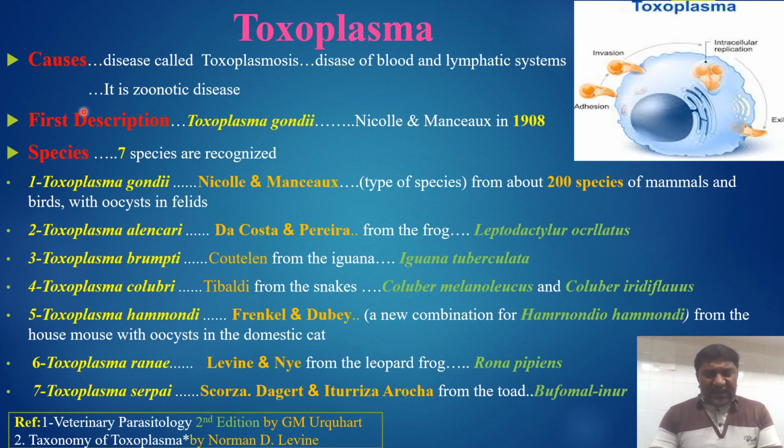The species Toxoplasma gondii was first described by Nicolle and Manceaux in 1908, and seven species are recognized.